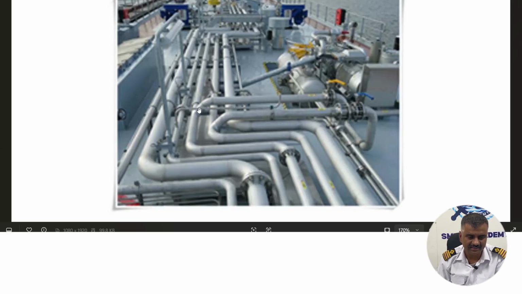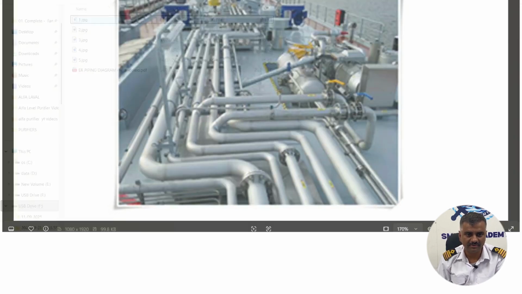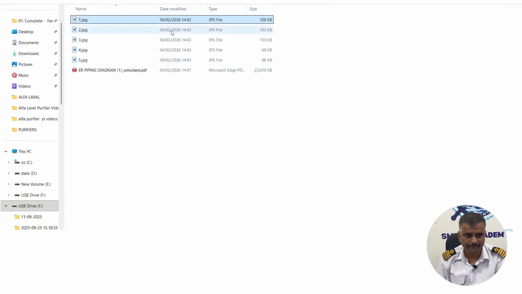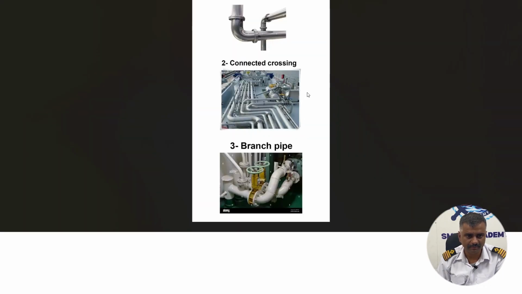So this is a connected and crossing pipe. This one is coming from one direction and connected here. So these are common lines, I mean, this is only dedicated for this line. This pipe will be connected only when they are of common use, say only for seawater, only for bilge, or any specific purpose.